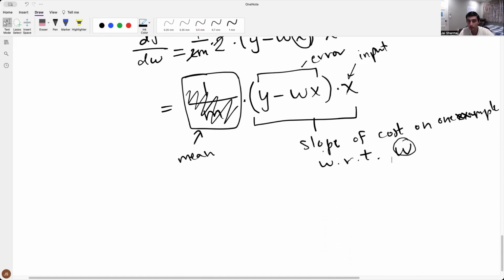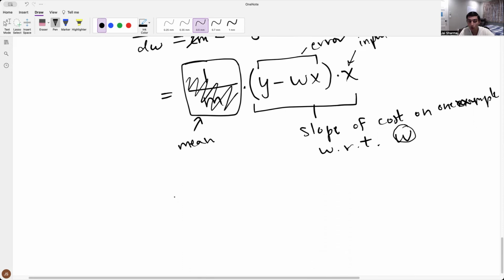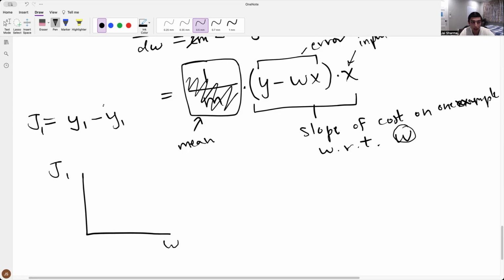all the examples. And so let's say according to example 1, so this is W, and I'm going to make J1. J1 is essentially y1 minus y1 hat.